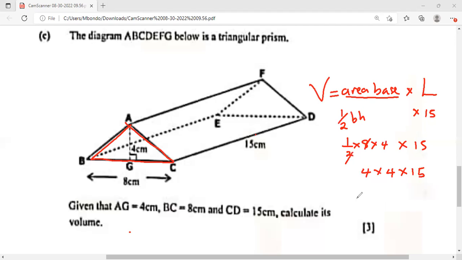Just let me know what we are going to get. So we're going to have 16 multiplied by 15, which is 240 centimeters cubed. This is what you're going to have.